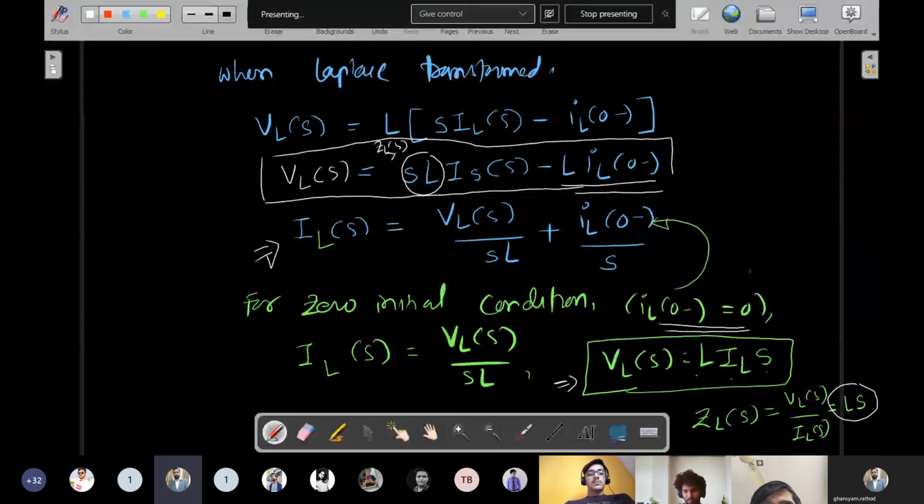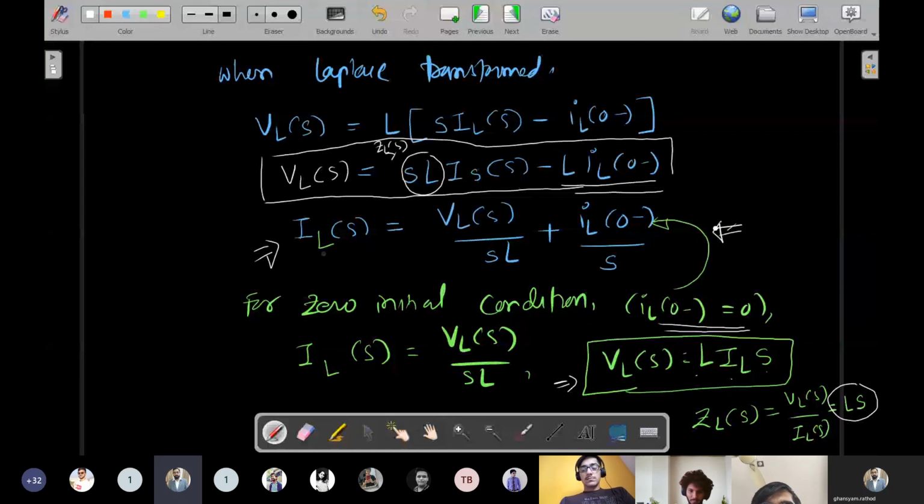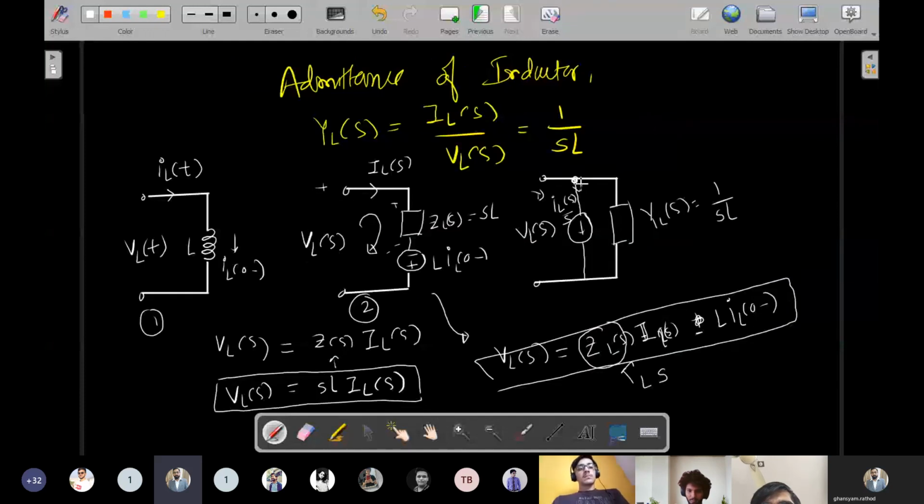When you consider the KCL, at that time you always see the current distribution. The total current is the summation of two currents. If I show you in this circuit, here it is distributed in two ways.